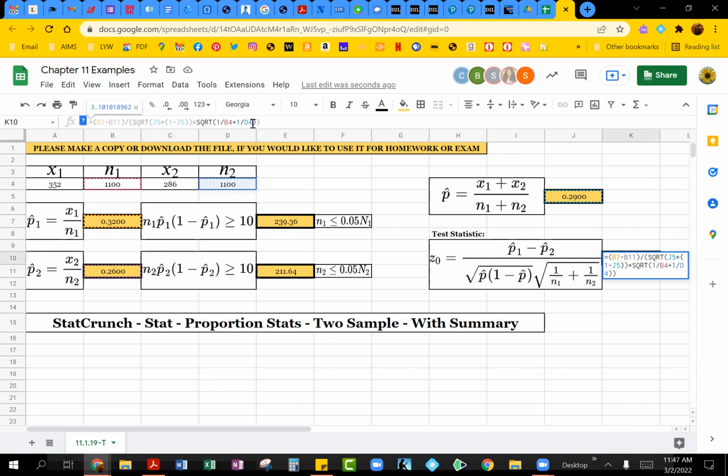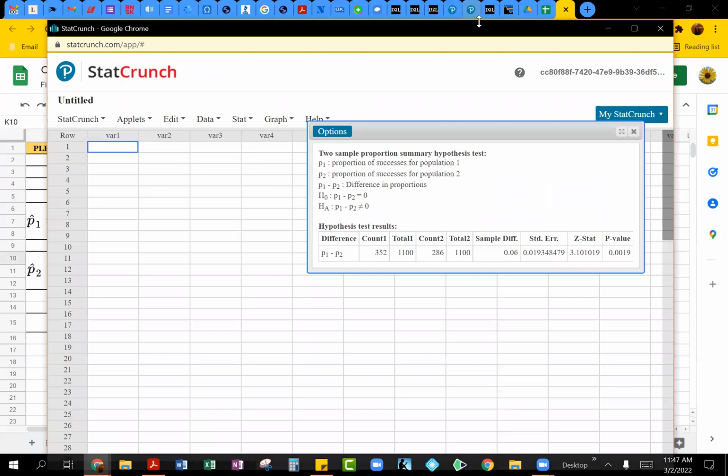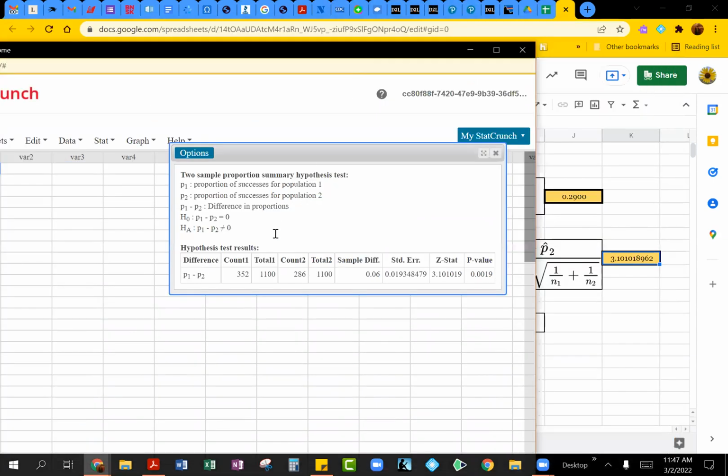Okay, so it was my P hat 2 that I had miscalculated. So yeah, you can see it came out to be 3.10101. And looking at our StatCrunch number, you can see this number does in fact match the one we got from our Google Sheets.